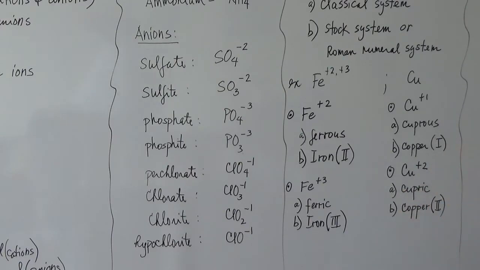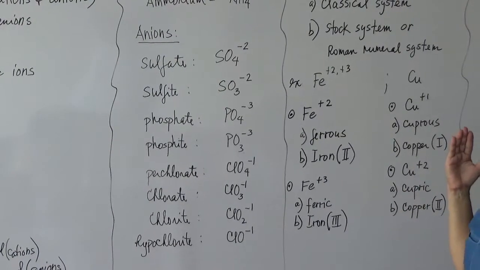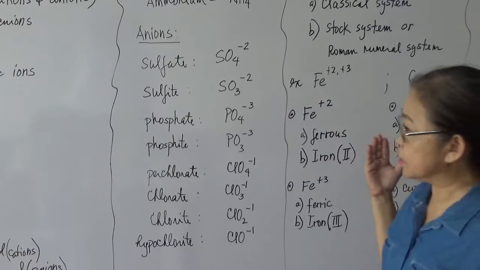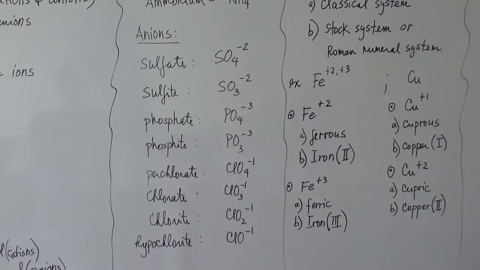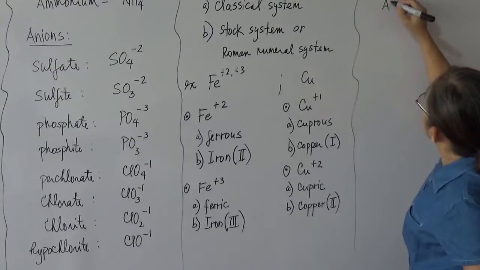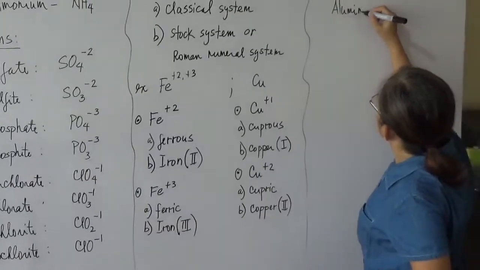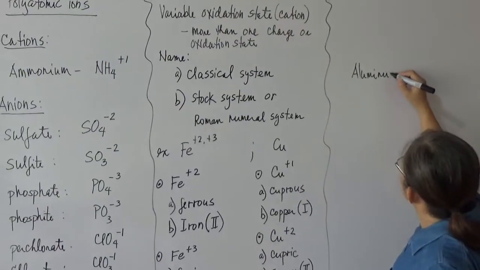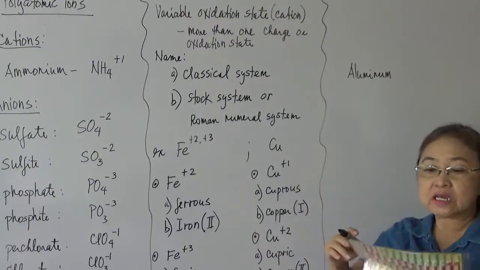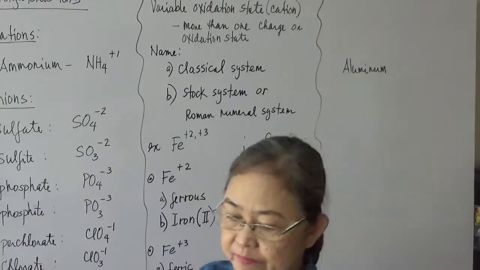Okay? Now, let's say you are mentioning a cation, for example, aluminum. What is the symbol and charge of aluminum? Kindly check your periodic table.